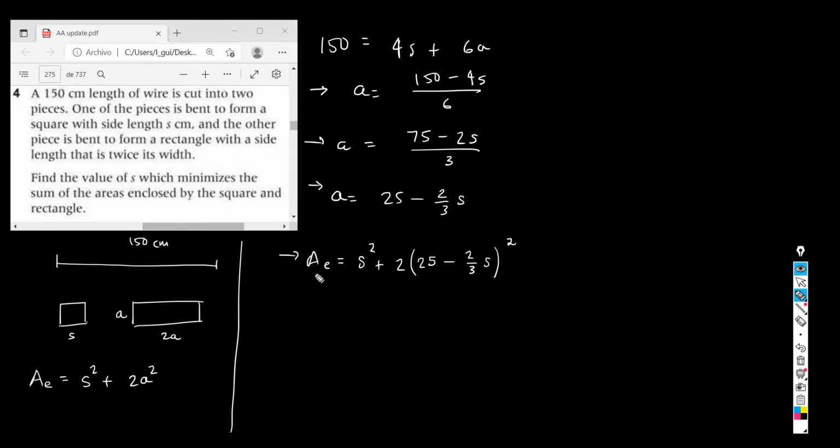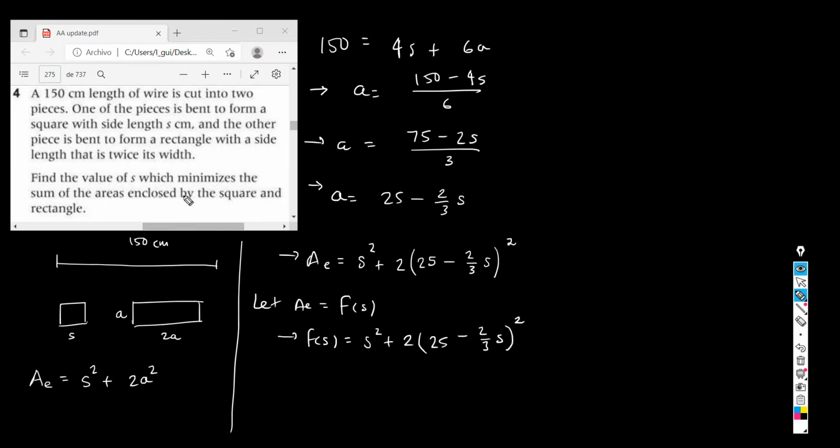And now I have the area enclosed completely in terms of S, and therefore manageable. So let this be a function of S, and it's going to look like this: S squared plus 2 times 25 minus 2/3 S, squared.